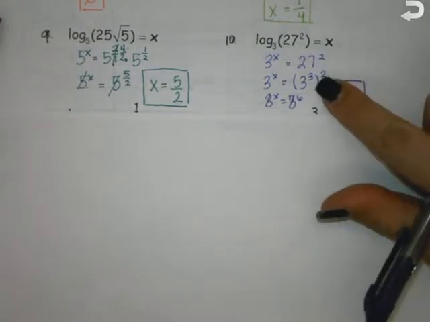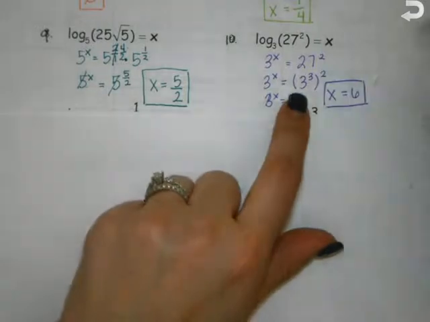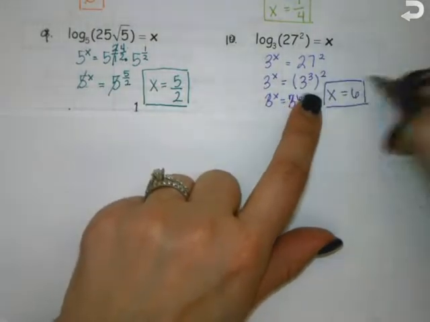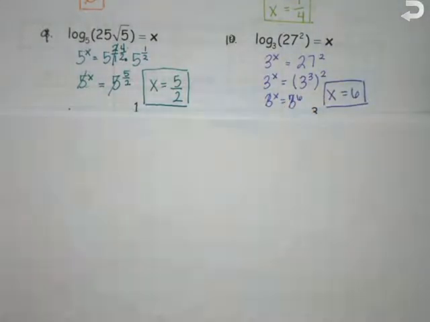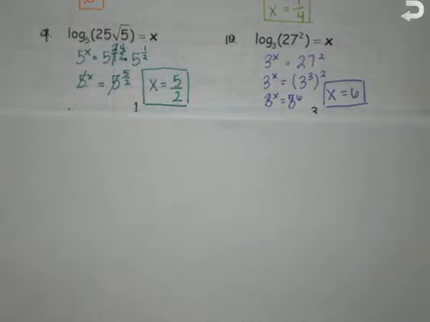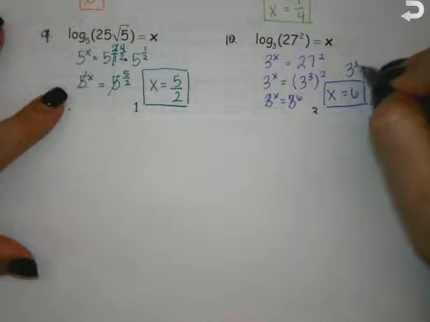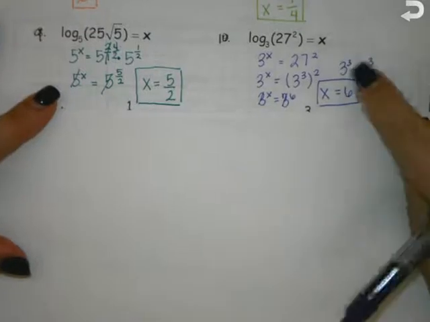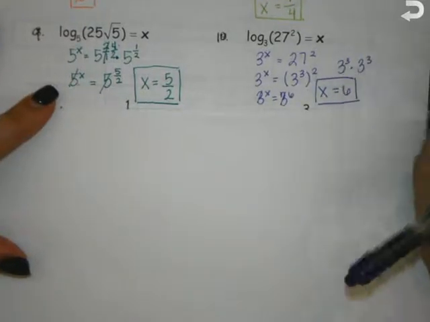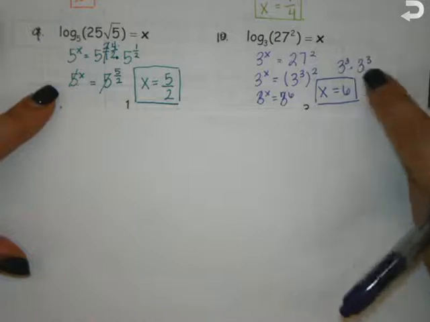It has to be multiplication, guys, because this is the same as saying 3 to the third times 3 to the third, right? And if you're multiplying 3 to the third times 3 to the third, how many 3's is that? 6 of them, right? 3 here and 3 here, so that's 6. Okay.